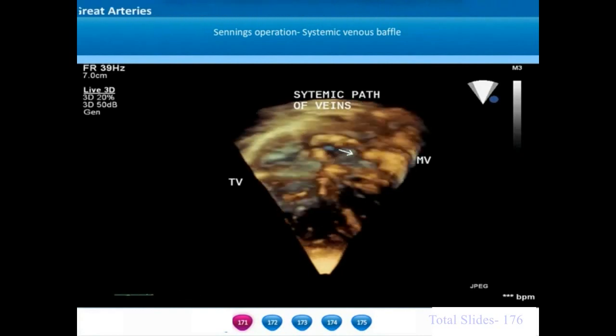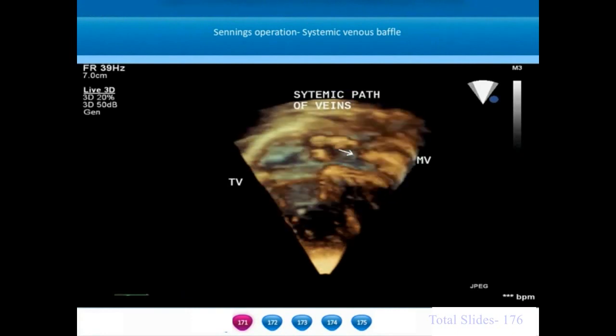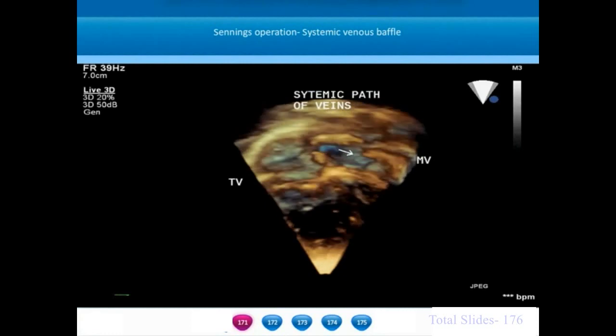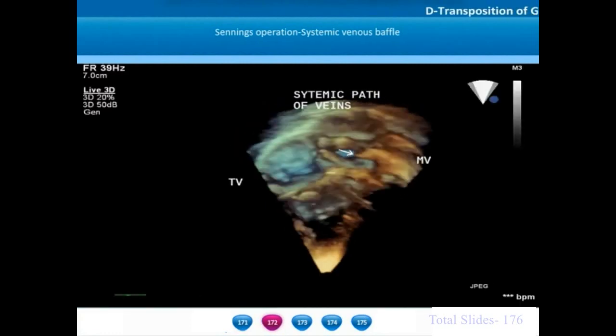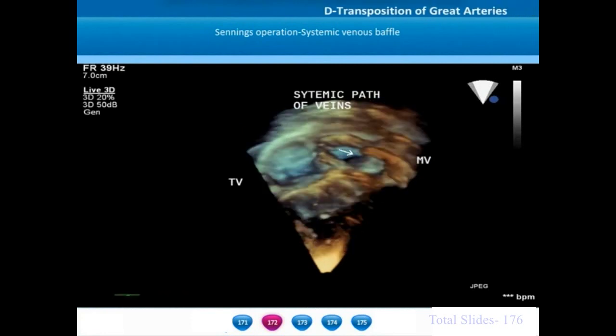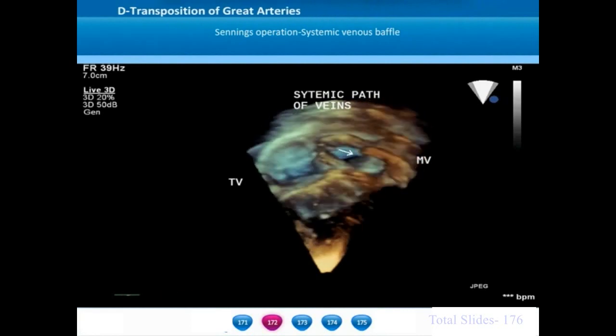The systemic venous blood will be routed through this systemic baffle towards the mitral valve. We can appreciate the combined systemic venous baffle pathway very clearly in this view shown by an arrow towards the mitral valve.